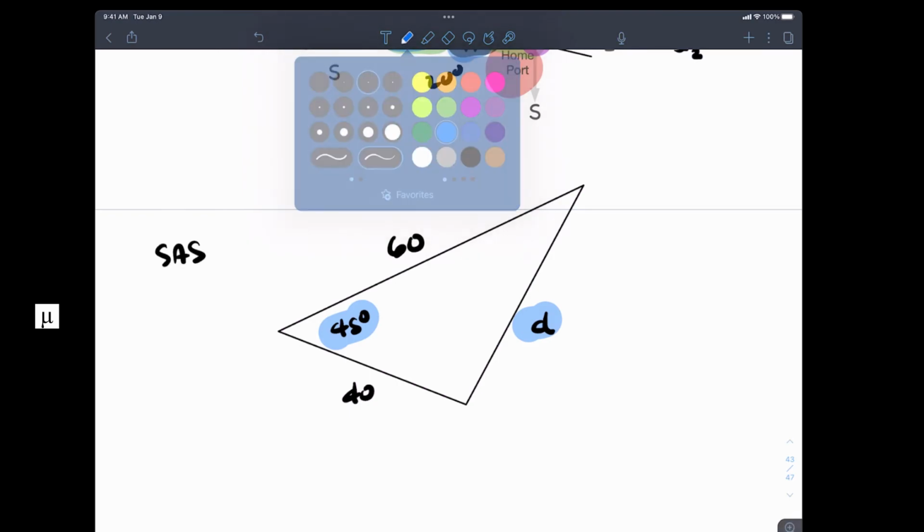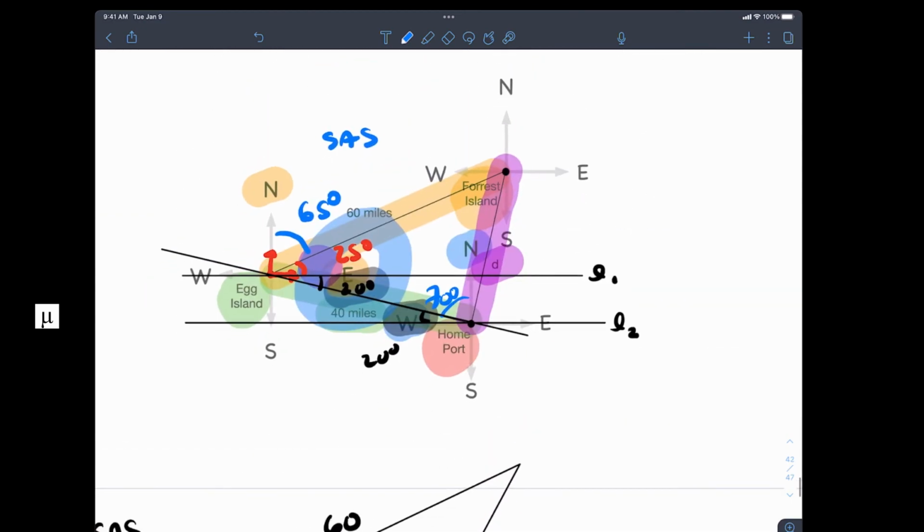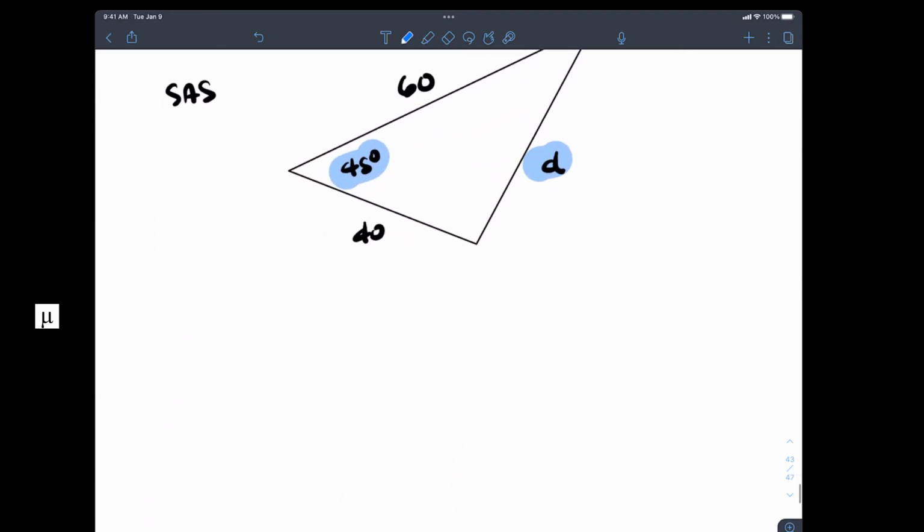Yes, outstanding. Okay, you guys okay with that? And I'm getting all kinds of ideas. Here we go. D squared is, what are we going to say? 40 squared plus, what? Minus cosine of what? 45 degrees.